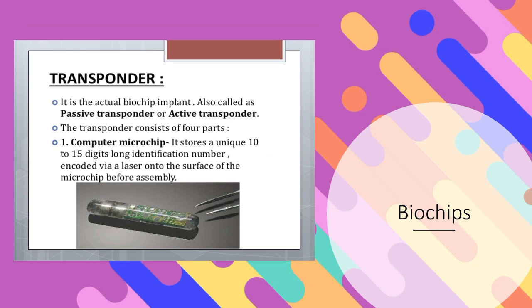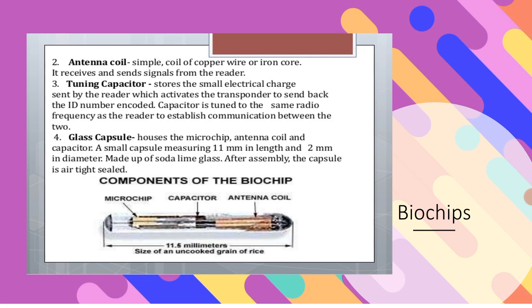The transponder is divided into the following parts, the assembly of the transponder we can say. First is the computer microchip. Second, it has the antenna coil, having the copper coil or the copper wire or the iron core, that will receive and send the signals from the reader. Third is the tuning capacitor.